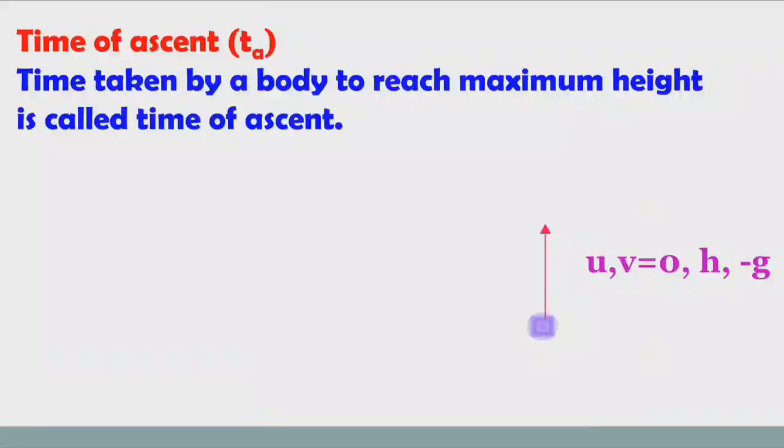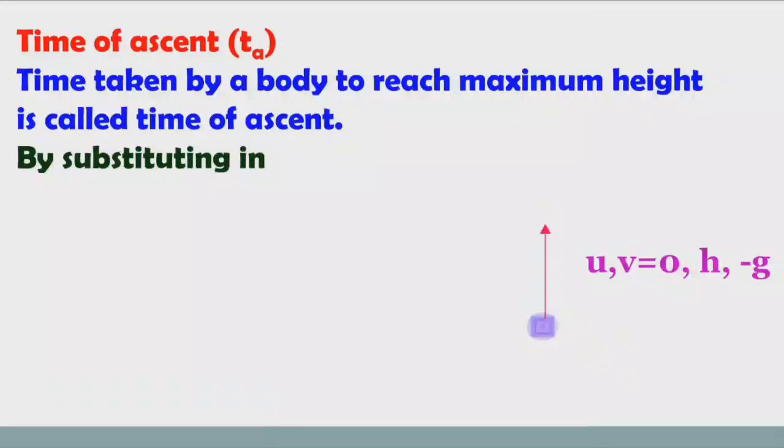Finally, its velocity becomes 0. So, v is equal to 0. h is the height, and here the object is moving opposite to the direction of acceleration due to gravity. That's why g is negative. a is equal to minus g.